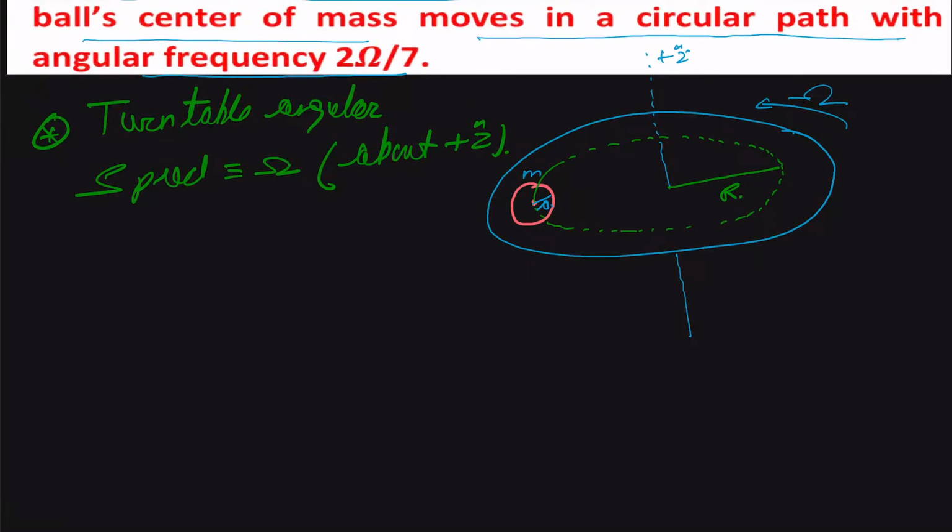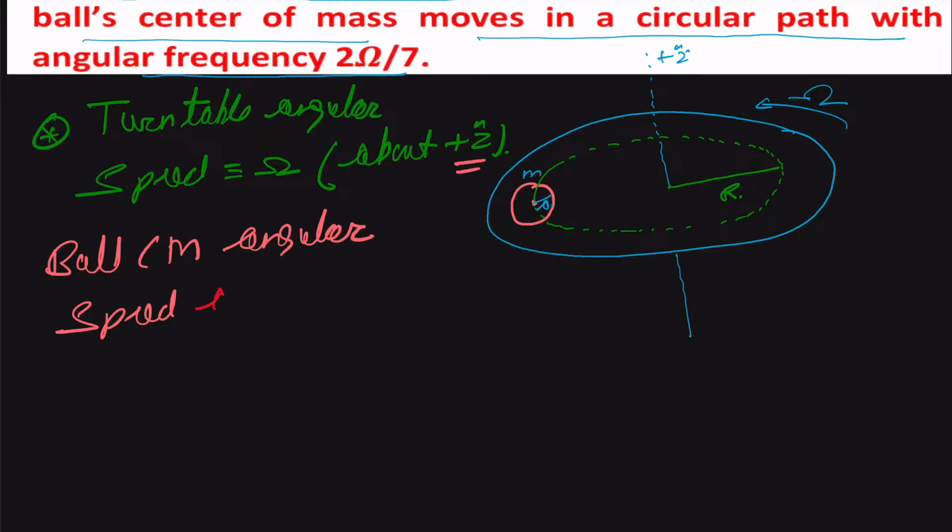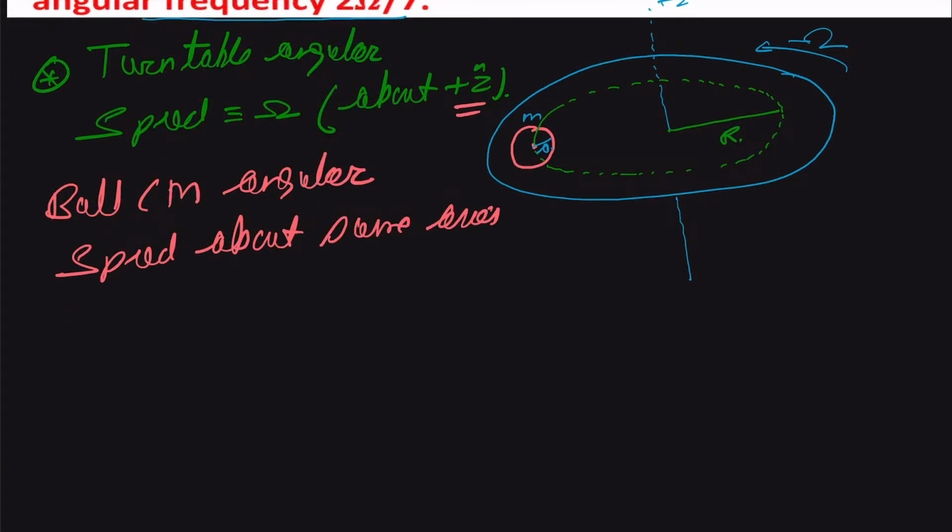You can also say that the ball center of mass angular speed about the same axis, that is our z axis, is small omega.